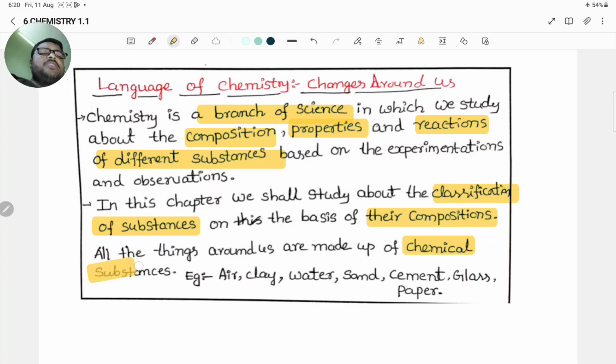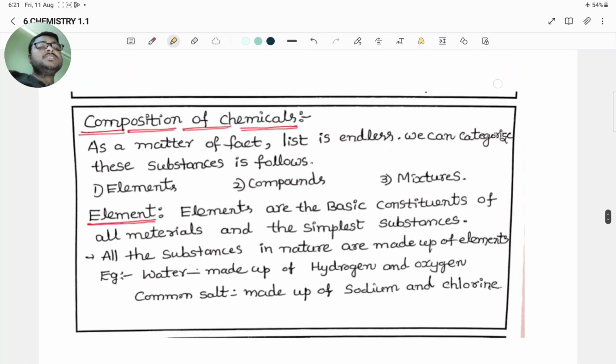For example, air is a chemical substance, clay, water, sand, cement, glass, paper. These are all used in our daily life, and they are made up of chemical substances only.